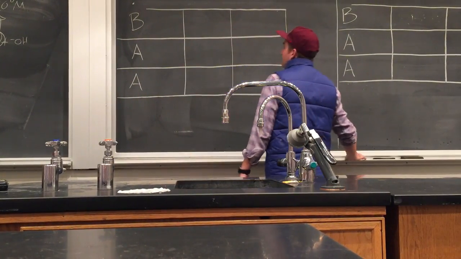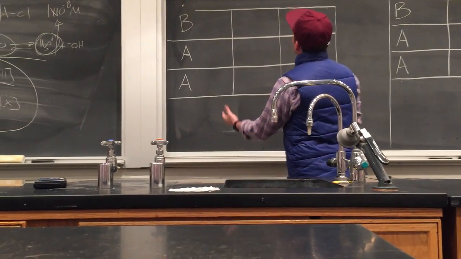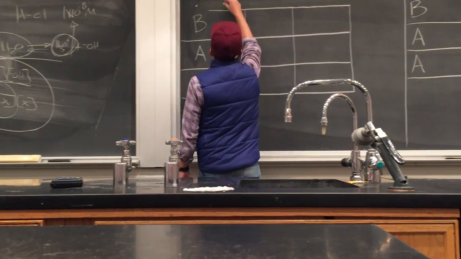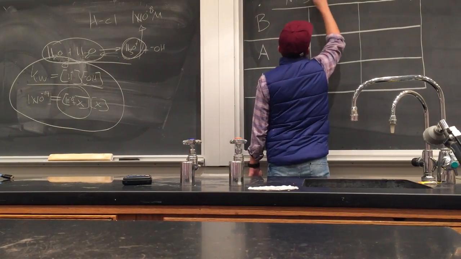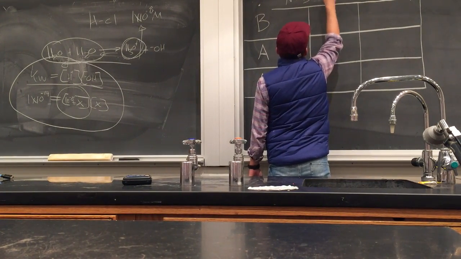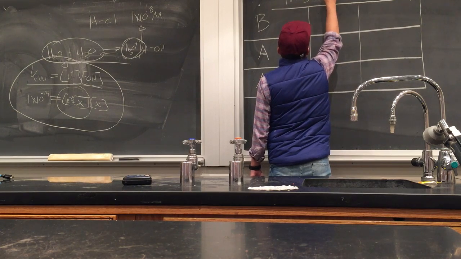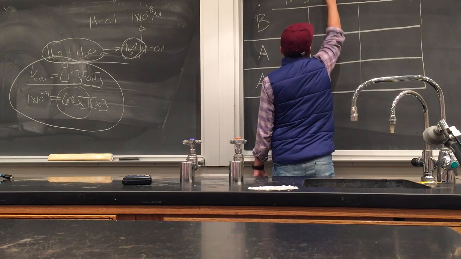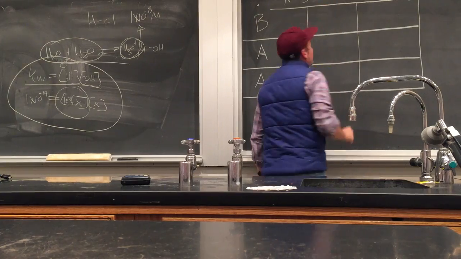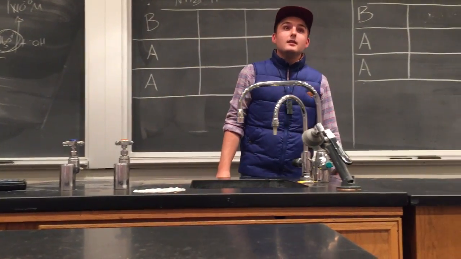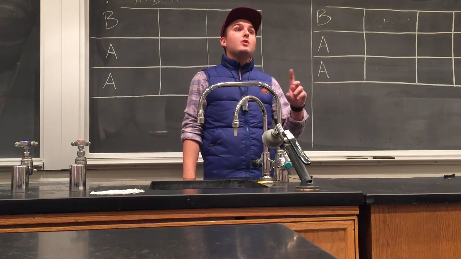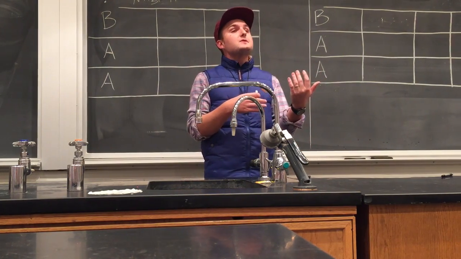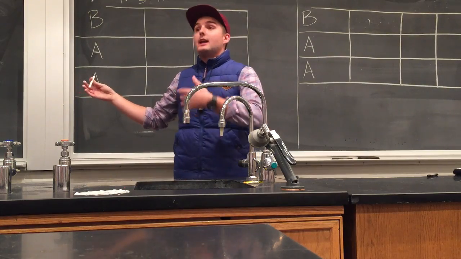So in a BAA table, I want to write my reaction up top. So the reaction that I have is ammonia, and I'm adding my acid, right? So is it okay for me to just go H plus here, or do I need to put HCl? H plus is absolutely fine. Why don't I have to put HCl? Because I've seen a lot of people get confused about what equation to write.